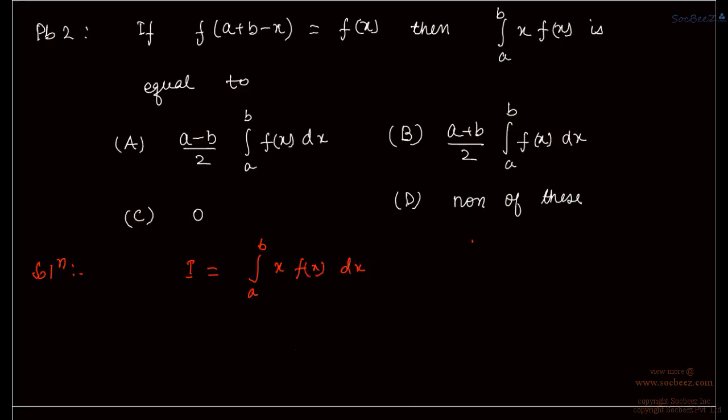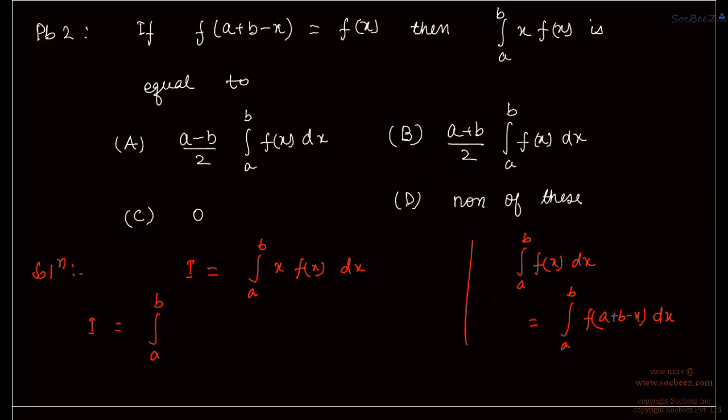Then from the property that we have used in the previous question, that is, the integral of f(x) from a to b can be written as the integral of f(a plus b minus x) from a to b dx. Okay. So again we have integral I from a to b.